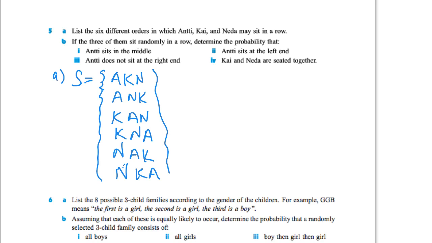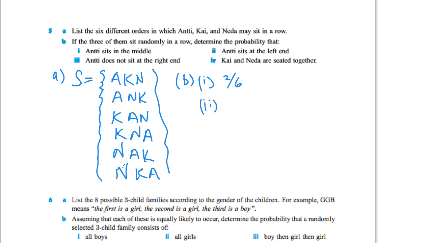All right, so now the probability in part B. What's the chance that we have Anita in the middle? I'm going to shorten this, otherwise my video is going to be too long. All right, so number 1, Anita's in the middle. All I do is go count. That happened 2 out of 6 times. This is just rule number 1.